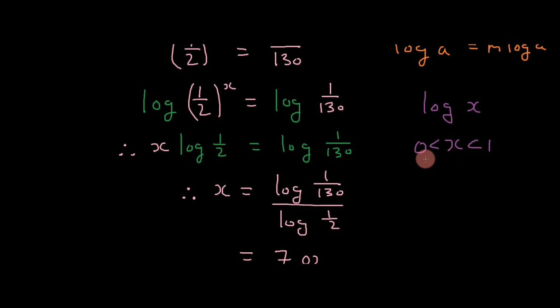So if x is between 0 and 1, then the log of x will in fact be negative. This will become important for the second part of the example that we're busy with, especially where we are dealing with inequalities and we are dividing through by a log.